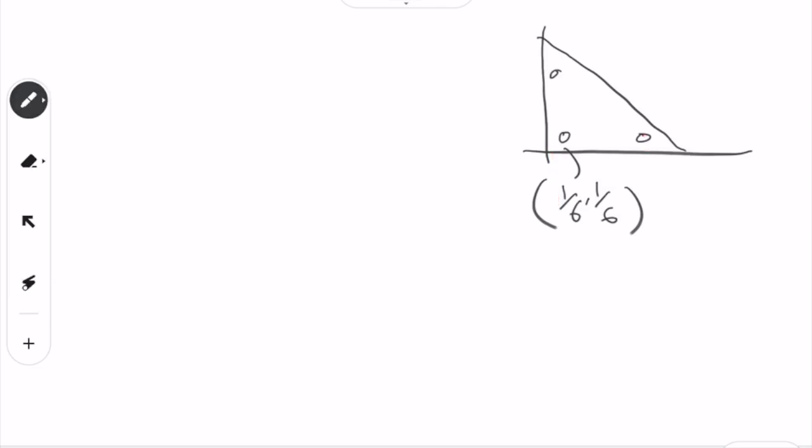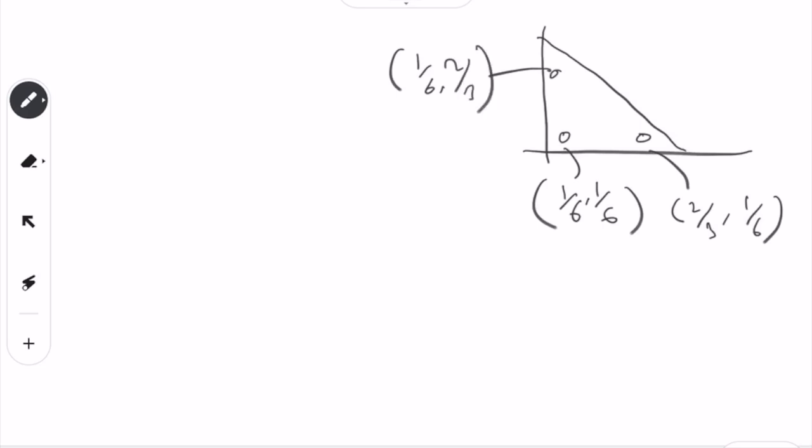So this value will be 2 over 3, 1 over 6, and similarly this one is going to be 1 over 6 and 2 over 3, like this.